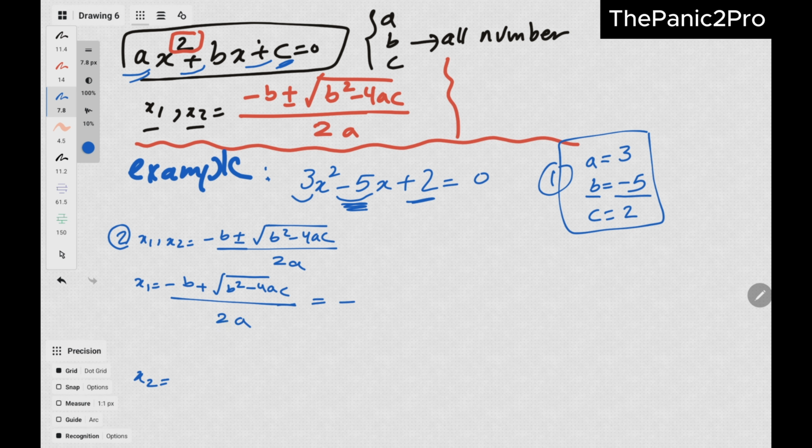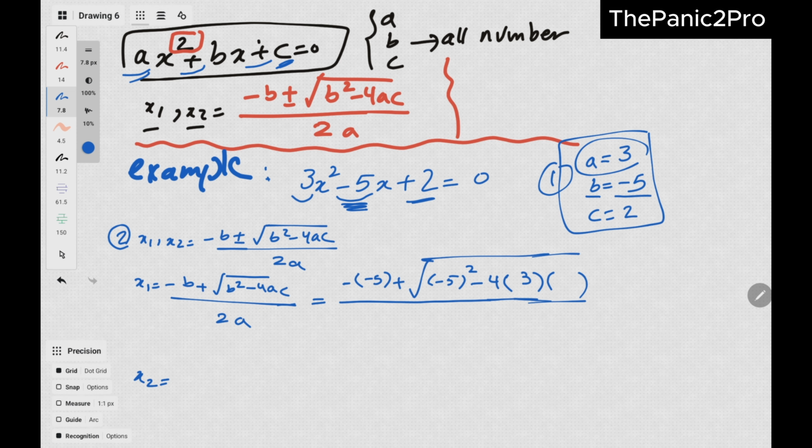I'm going to just plug them in: minus b. What was b? B is minus 5. Plus the square root of b2. What is b again? Minus 5. Minus 4ac. What is a? 3. c is 2. Over 2a. What is a? 3.